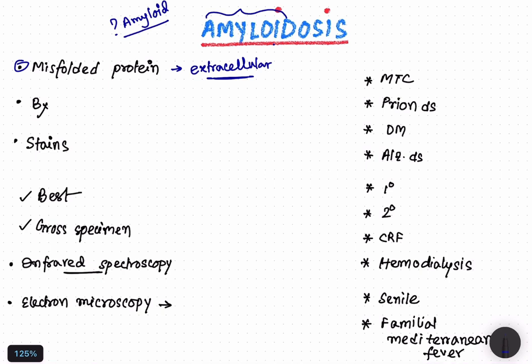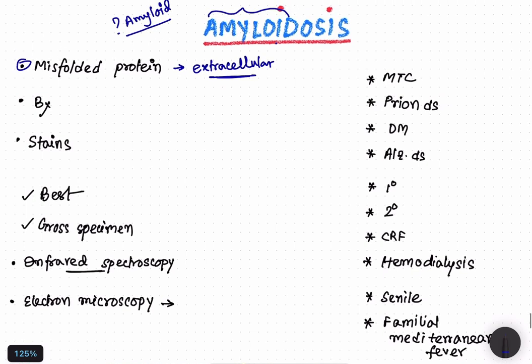Now these amyloids, as I told you, are pathologic, meaning misfolded, and they are extracellular and hyaline substance, meaning when we stain with H and E they give a pink color. Whenever we talk about deposition of amyloid, please remember that around 95% of it is amyloid which is combined with a specific P protein for a particular disease.